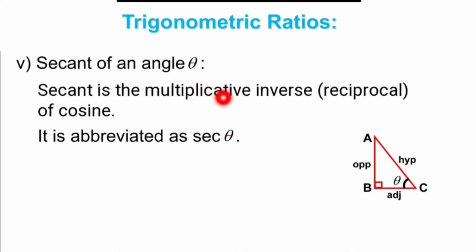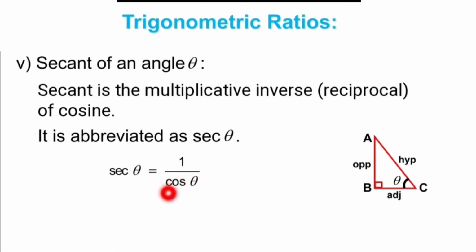As per the definition, sec theta is defined as the reciprocal of cosine. So, it can be written as sec theta is equal to 1 by cos theta.